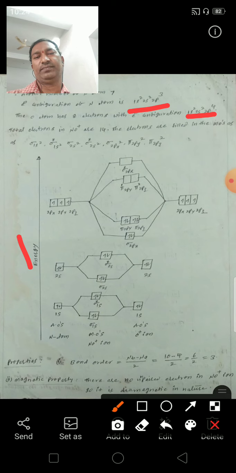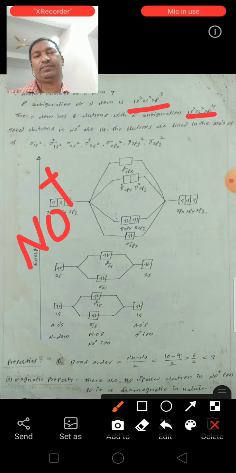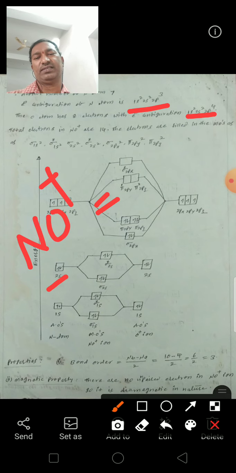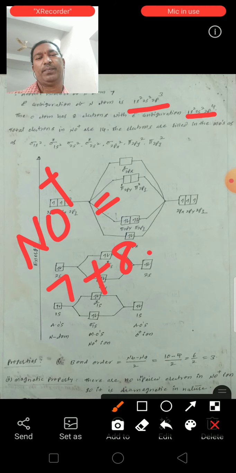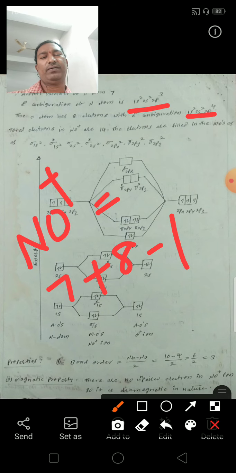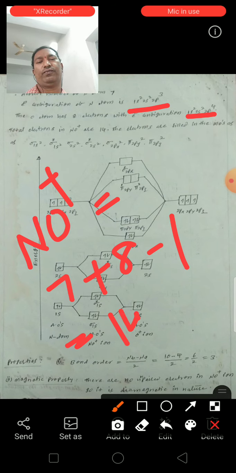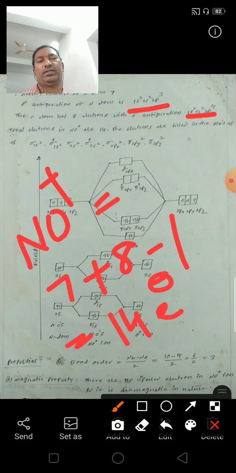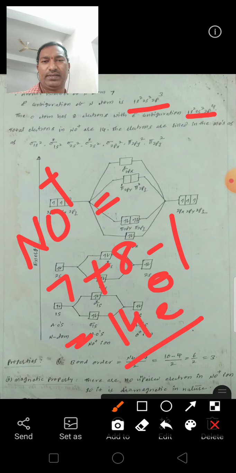NO plus: 7 electrons from nitrogen, 8 electrons from oxygen, minus 1 electron for the positive charge. So the total is 14 electrons.